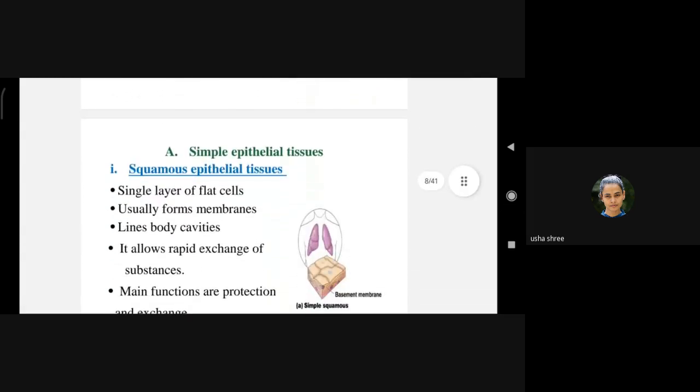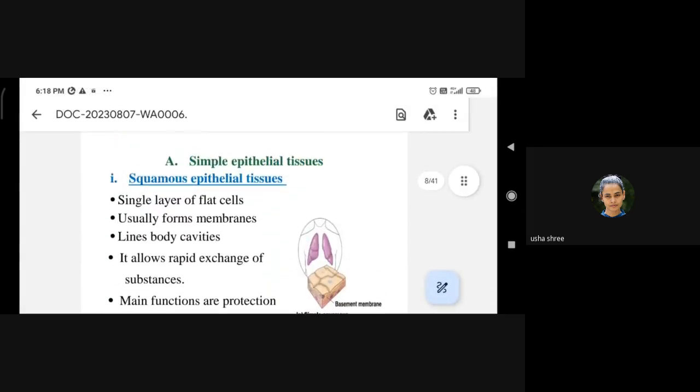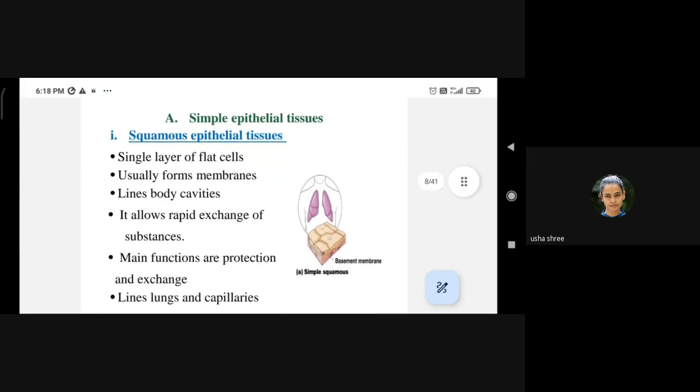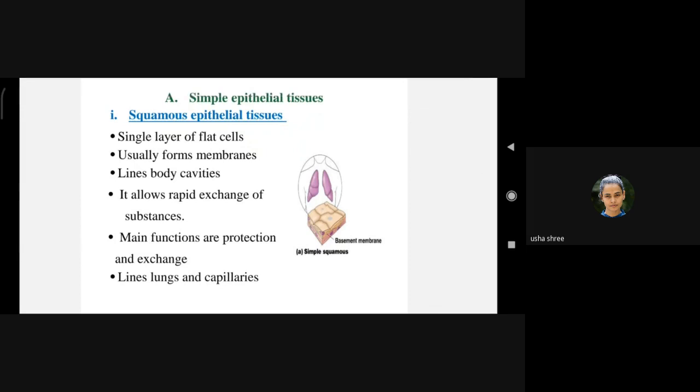Okay, the next one is simple epithelium tissue, and the first we have studied is squamous epithelium tissue. So we will go into the details of squamous epithelium tissue. First, how can we recognize that it is squamous simple epithelium?